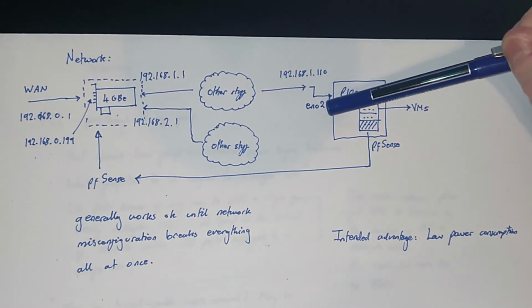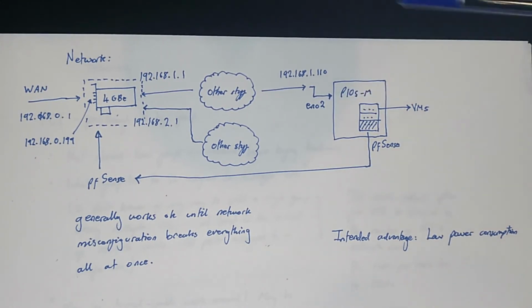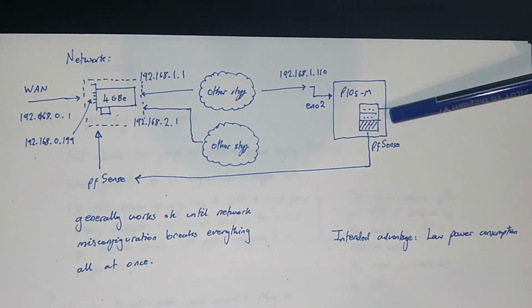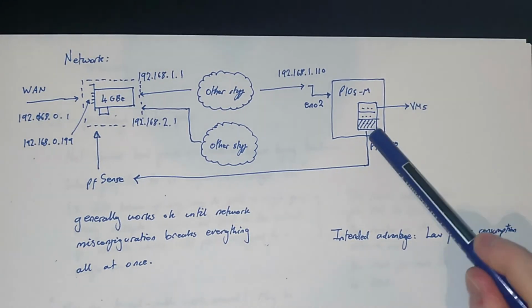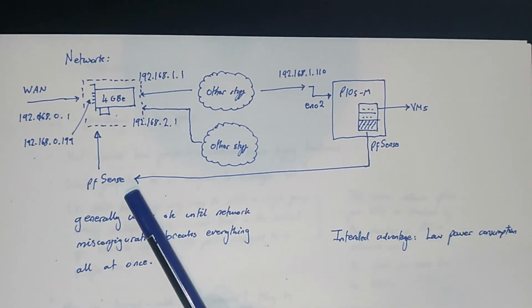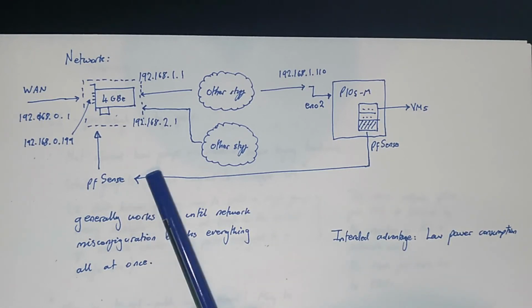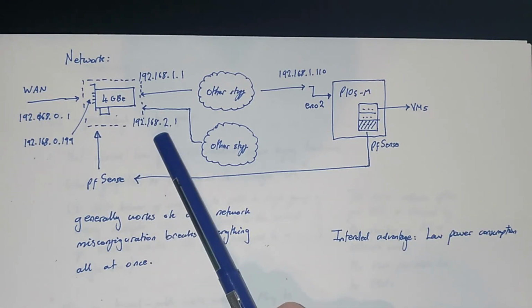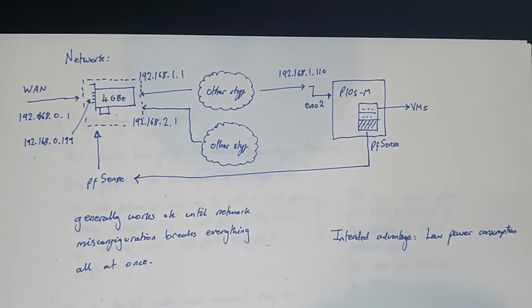And I've written ENO2 here because that's one of the ports on that Asus motherboard, and then the VMs are hosted on this system, and one of those VMs is the pfSense box, which feeds IP addresses via DHCP to any device on either this or this network effectively, and the pfSense system owns this 4-port card effectively because it's passed through to that system.